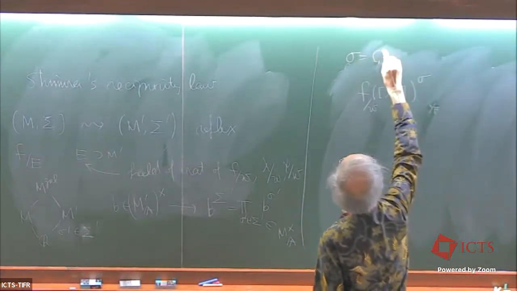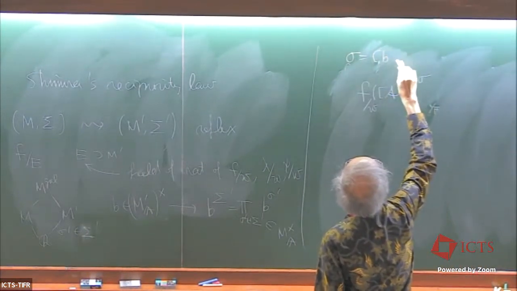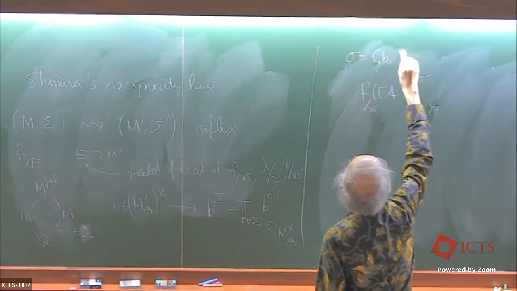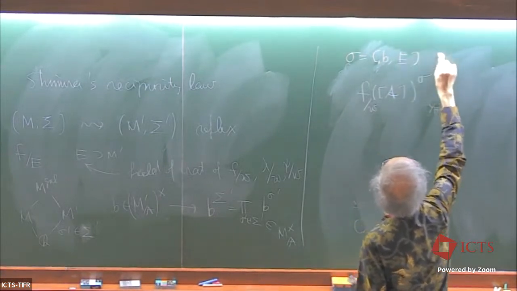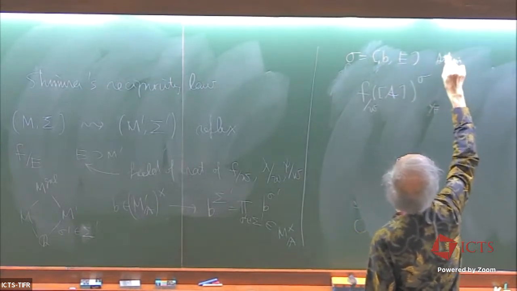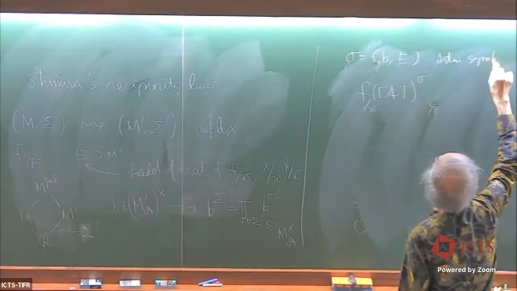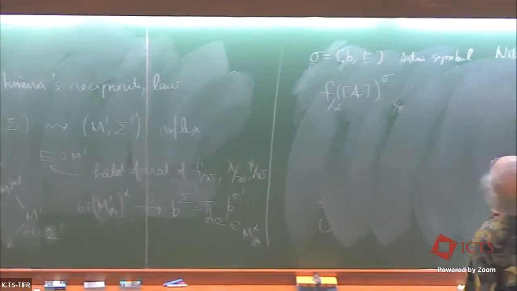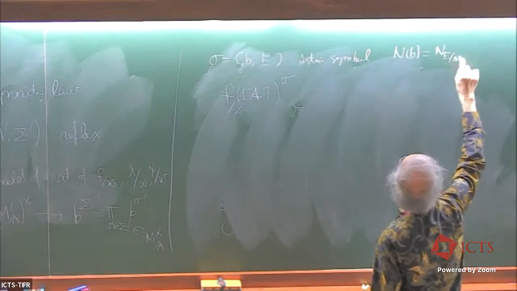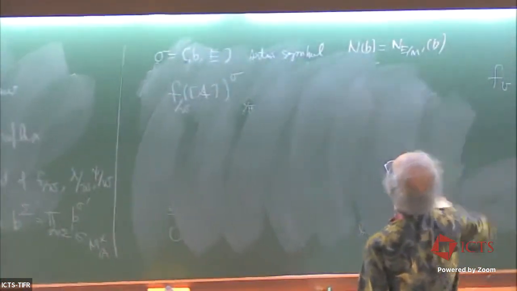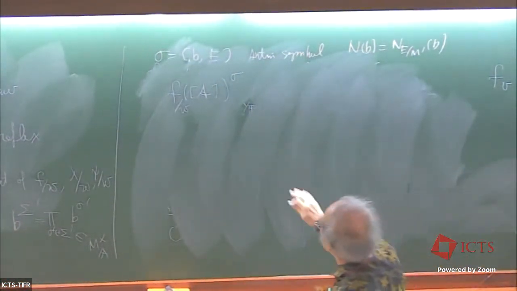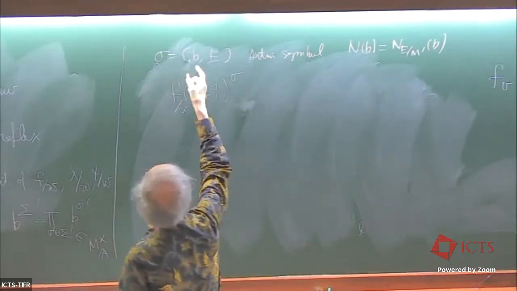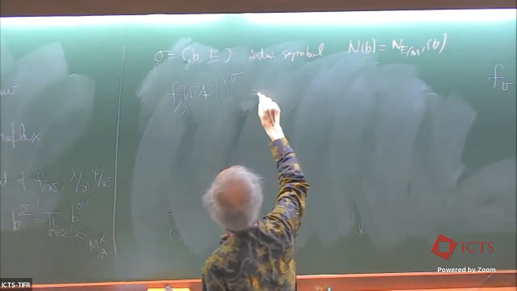So it's B, the Artin symbol of E, and you norm down, that is the norm from E to M prime of B. All right, so you move by this sigma, this Artin symbol, what do you get?